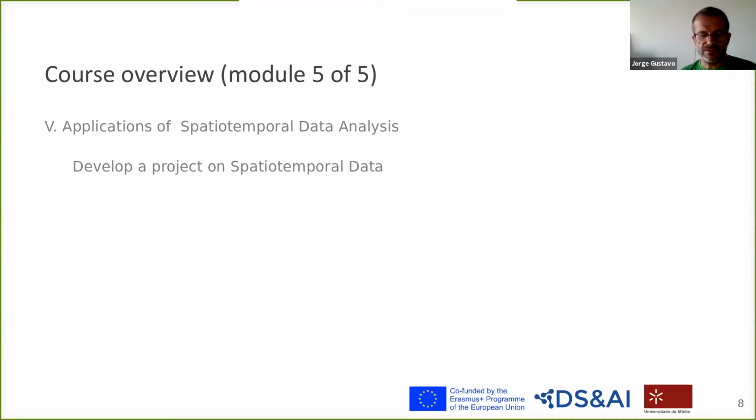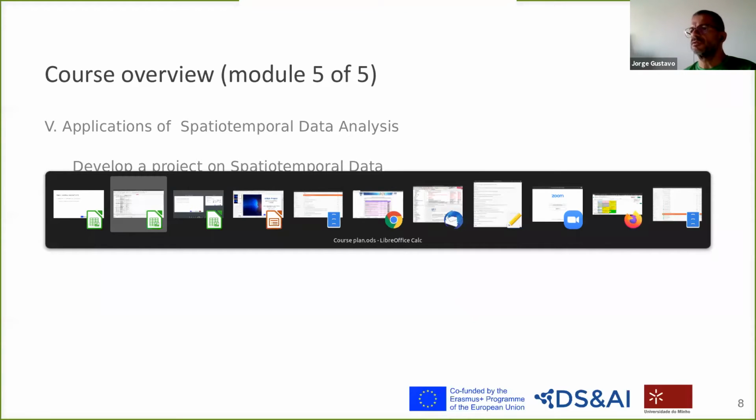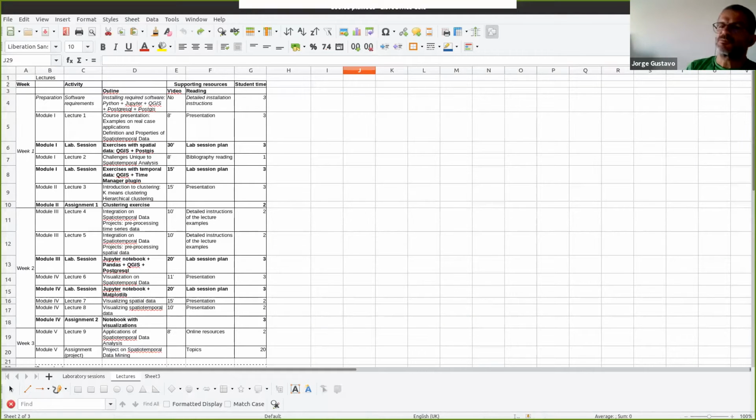So this is the overview of the course, and if I change to the spreadsheet where this is all, so this model 1 is this one in the first week. I hope you are able to see the screen.